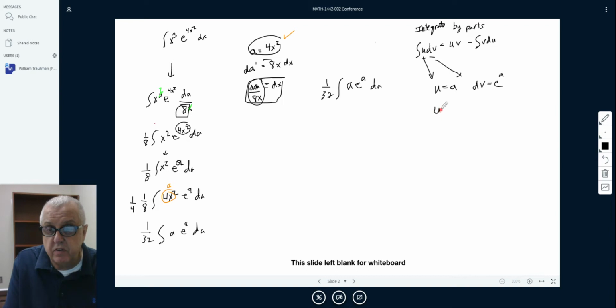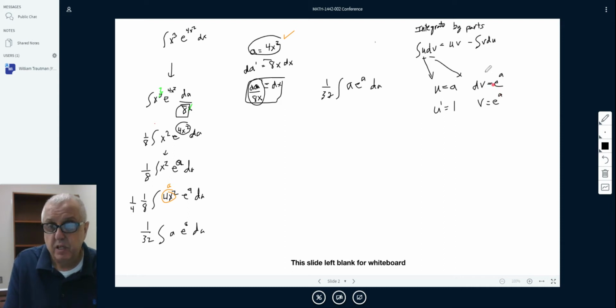Well, the derivative of u, the derivative of a, is the same thing as saying the derivative of x, so du equals 1. And integrating dv to get back to v, you just get e to the a.